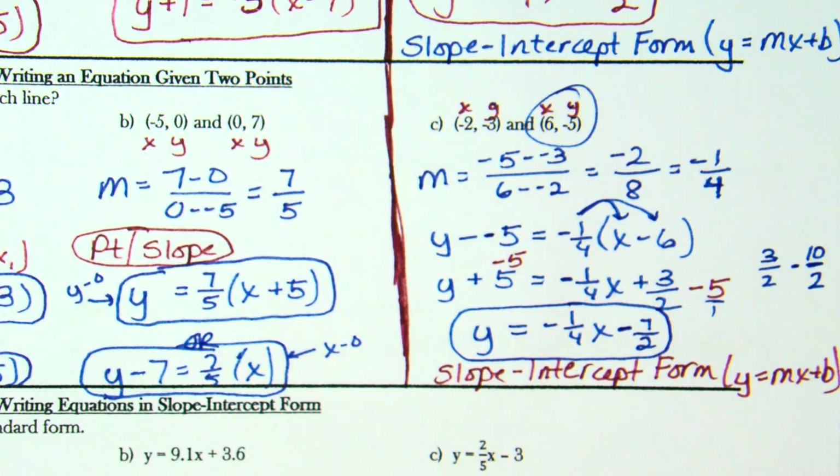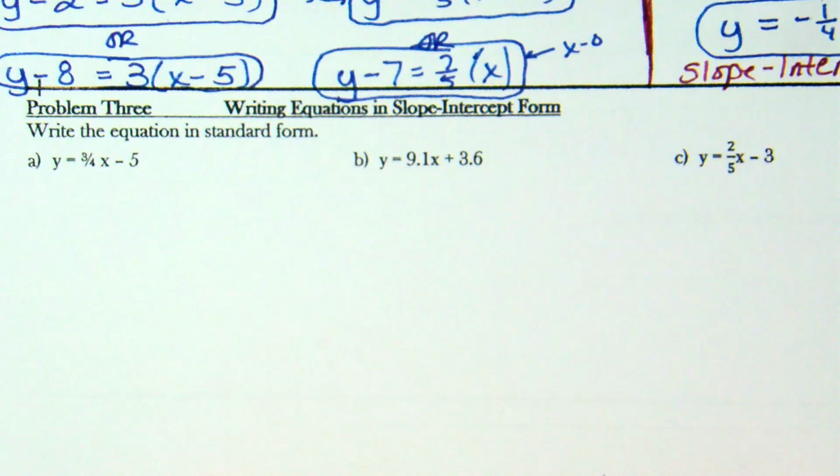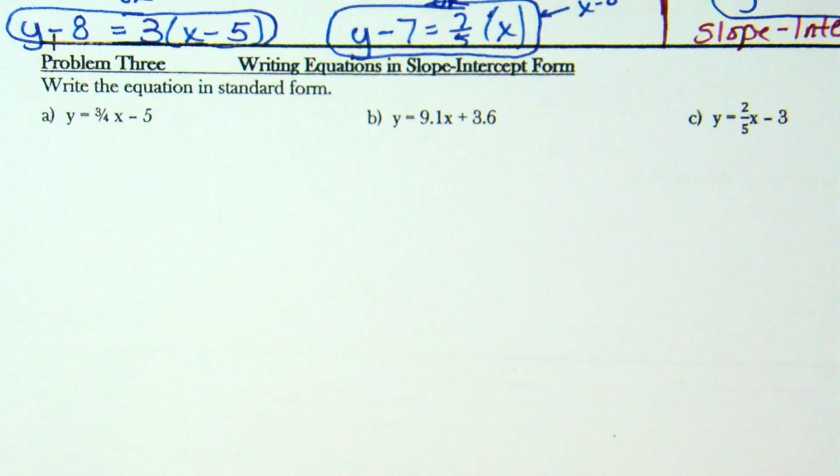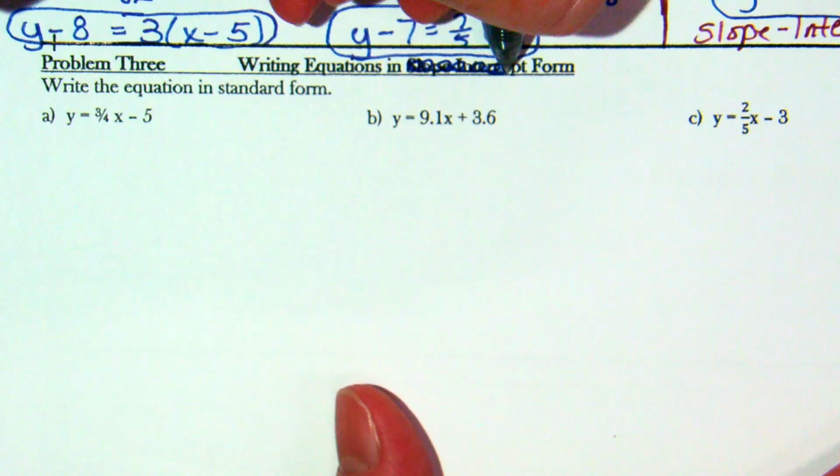Problem set 3 down here asks us to write things in, this is not supposed to say slope-intercept form. This is going to be standard form. Yeah, we can't write them in slope-intercept form. They're already in slope-intercept form. That would have been way too easy. What is standard form from above?